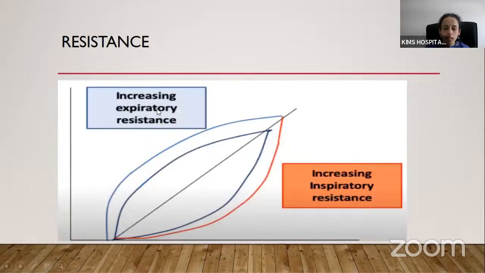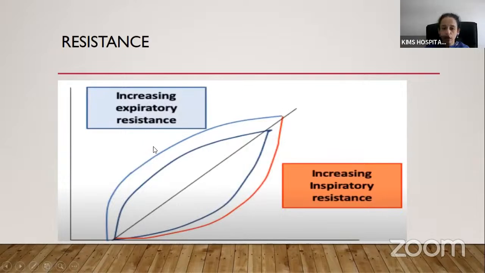So increasing resistance. Both inspiratory and expiratory resistance can increase when there is any tracheal obstruction or secretions. If there is an increase in the inspiratory resistance, the width of the inspiratory limb will increase from the midline. That leads to the belly of the inspiratory loop.